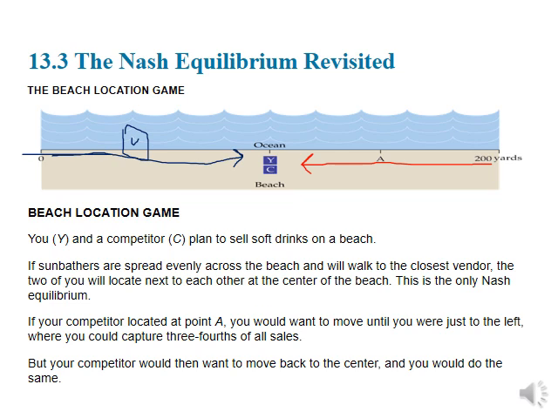I'll mark it with a big Y. All of a sudden, you're going to lose about this many customers. In other words, you have no incentive to deviate from your midpoint on the beach. The same thing with your competitor. They have no incentive to deviate. You're both doing the best you can given what the other person is doing. This is a Nash equilibrium, a mutual best response.